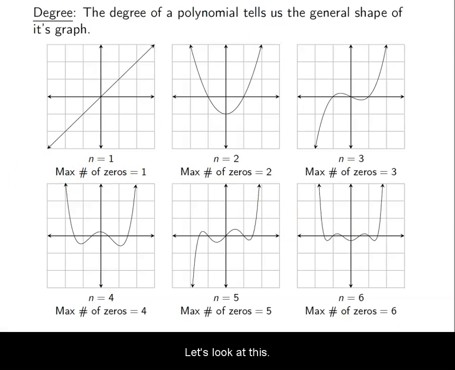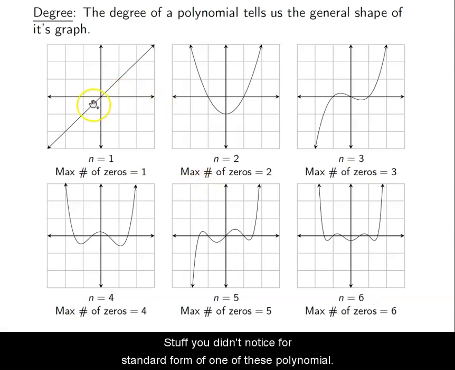Okay, well, let's look at this. All of my odd degree polynomials have something in common, and all of my even degree polynomials have something in common. I'll give you a second to look at it, see if you can figure out what that is.